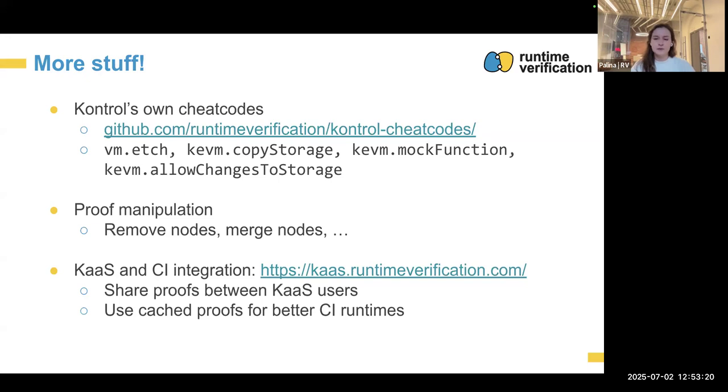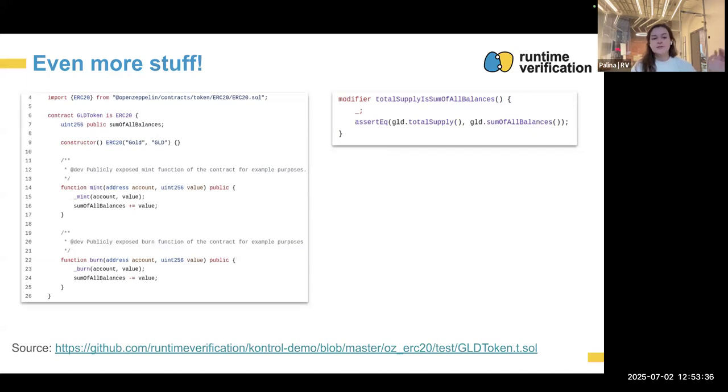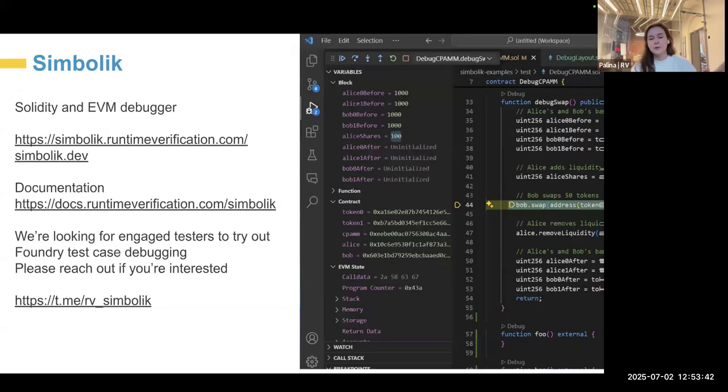It helps save some time on consistent runs of CI because we cache proofs and it allows sharing this. You can use the report that is being generated with the general public to prove that the code has been formally verified. So yeah, there's generally just way more stuff. We have some libraries of proofs for ERC20 contracts that can be reused, and generally just way more stuff than I could mention.